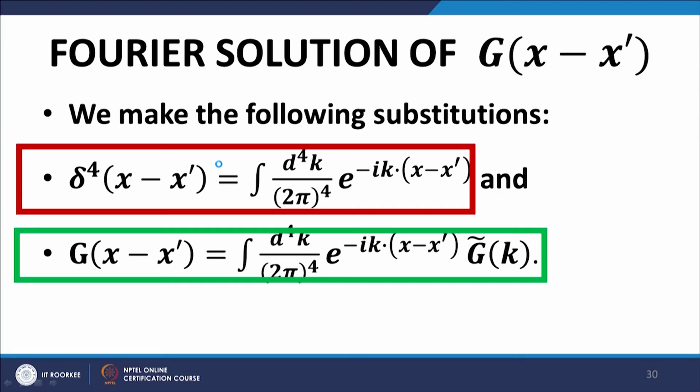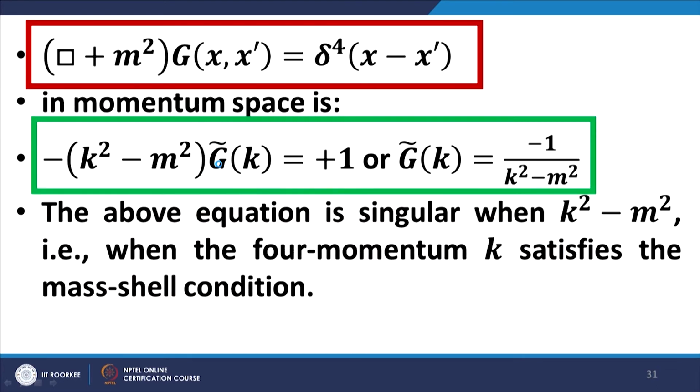And now we come to the solution of this particular propagator. We use the Fourier transforms. First solve the expression in Fourier space and then revert back to the position space. We use these two Fourier transforms for the delta function and for the Green function.